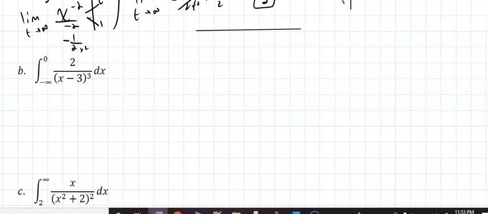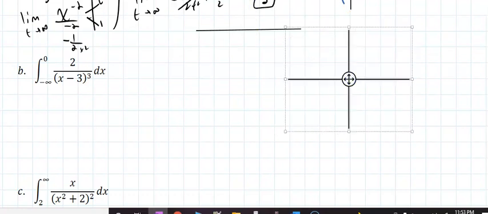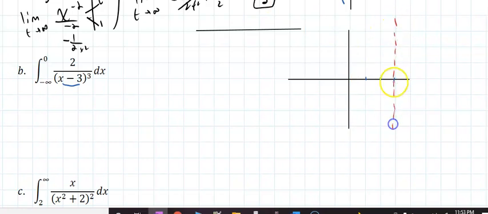I could also be looking at a graph of 2 over x minus 3. So we have a vertical asymptote at x equal 3 and a horizontal asymptote y equals 0.